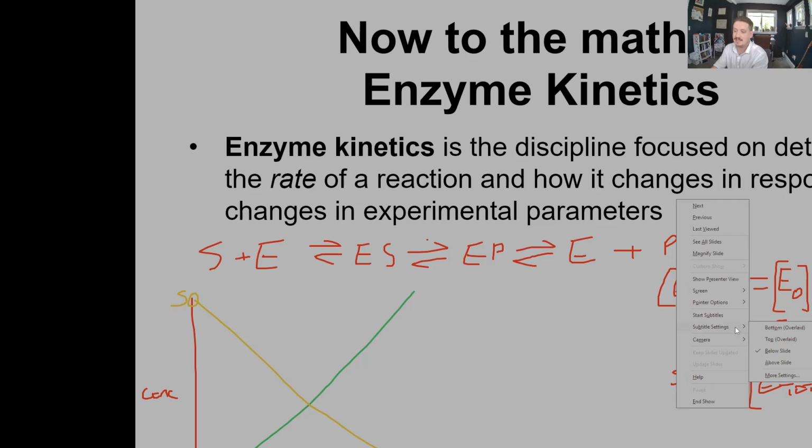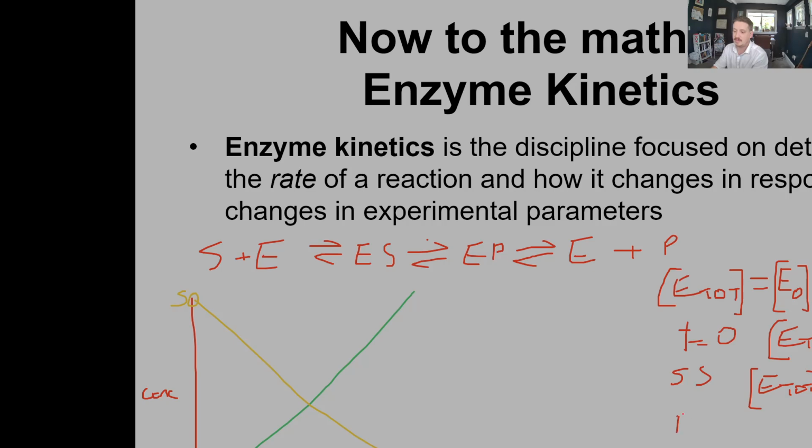In the pre-steady state, it's going to be a mixture of the two. E total is going to be equal to however much E0 there is, the stuff that hasn't had a chance to bind yet, plus the stuff that has had a chance to bind. So that's going to be the combination.